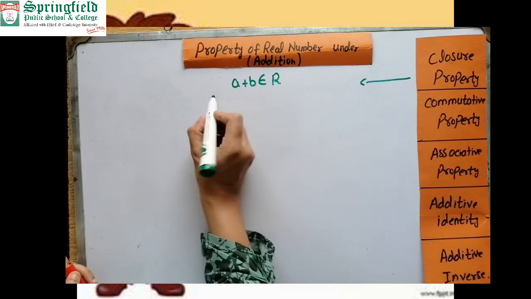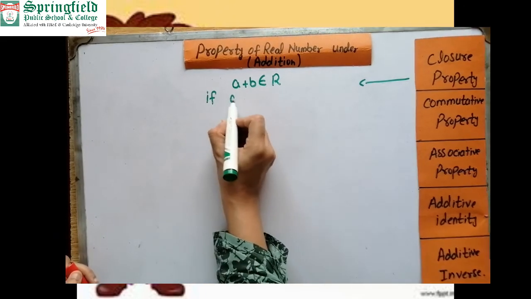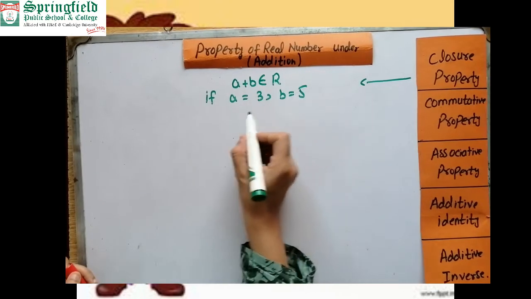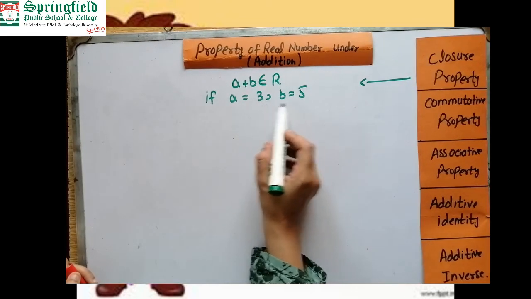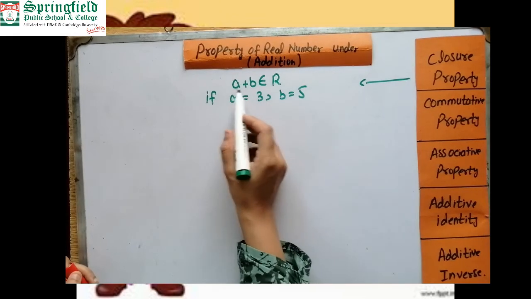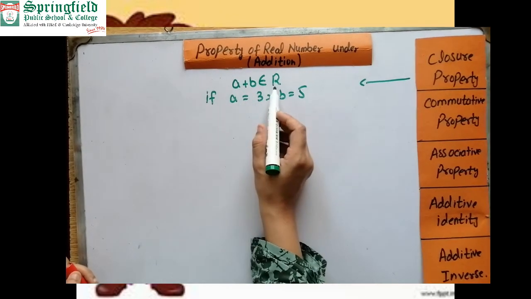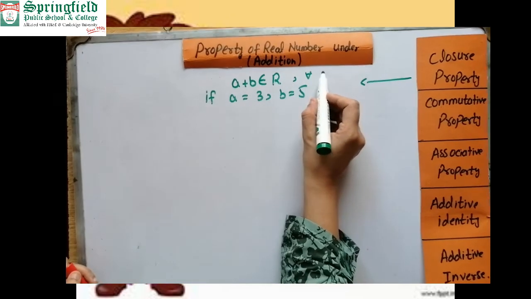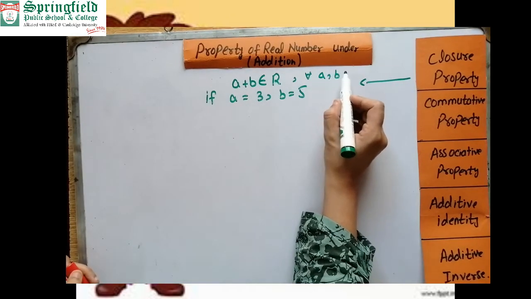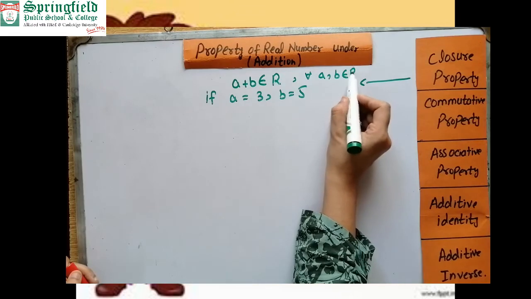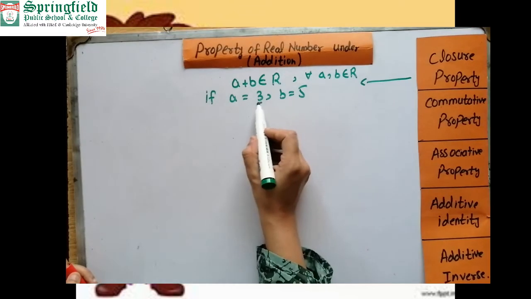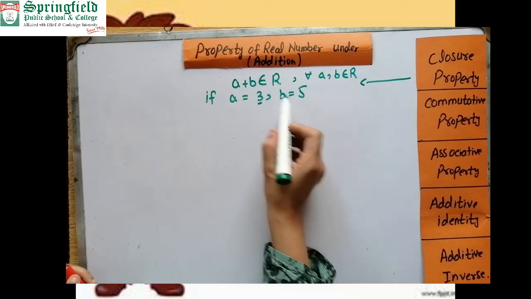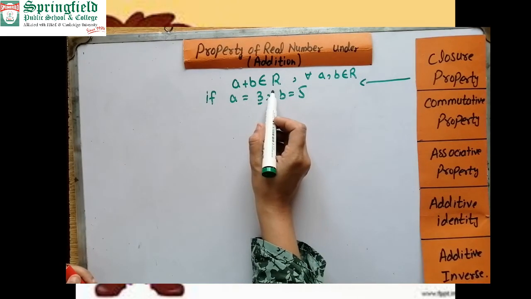Let's suppose A is equal to 3 and B is equal to 5. What will be the addition of these two numbers? They are saying that A plus B belongs to real numbers when A and B both are real numbers. When A and B, 3 and 5, are real numbers, the addition of the real numbers also belongs to real numbers.